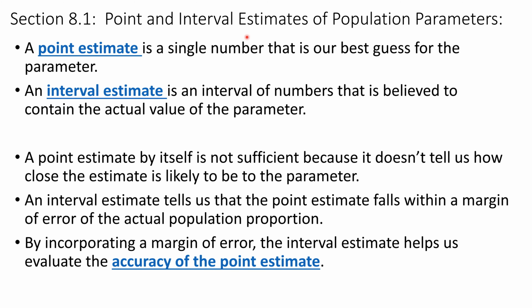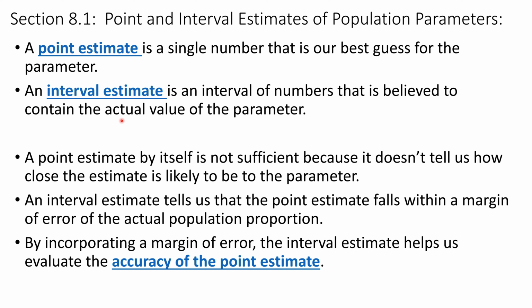Generally, there are two types of estimation methods: point estimate or interval estimate. A point estimate is a single number that is our best guess for the parameter. An interval estimate is an interval of numbers that is believed to contain the actual value of the parameter.